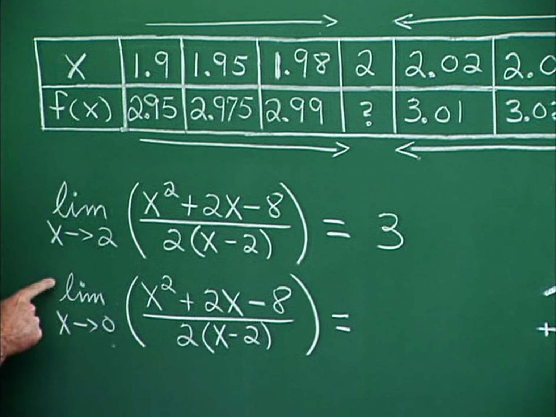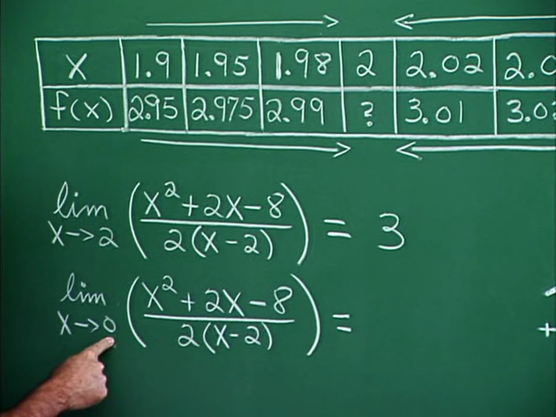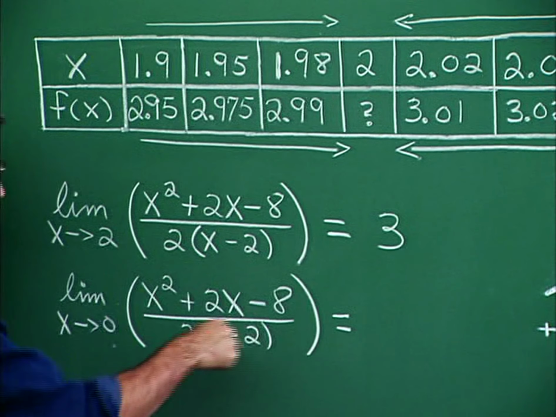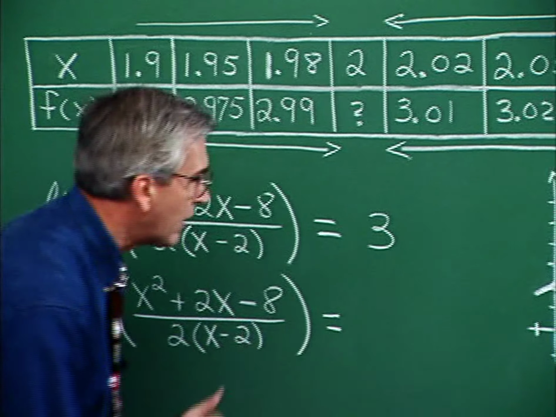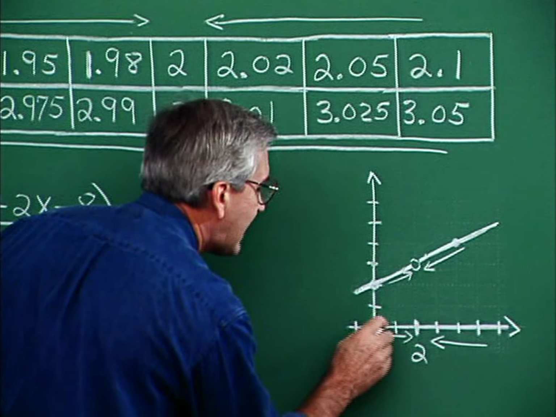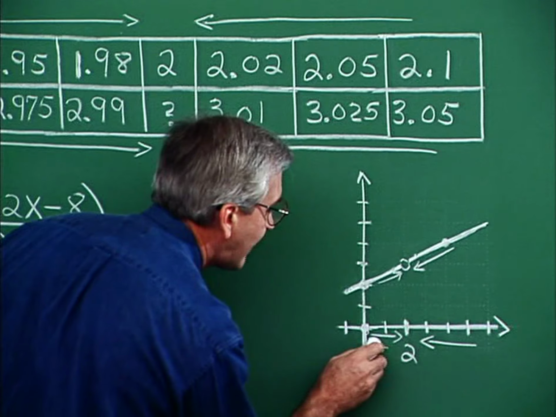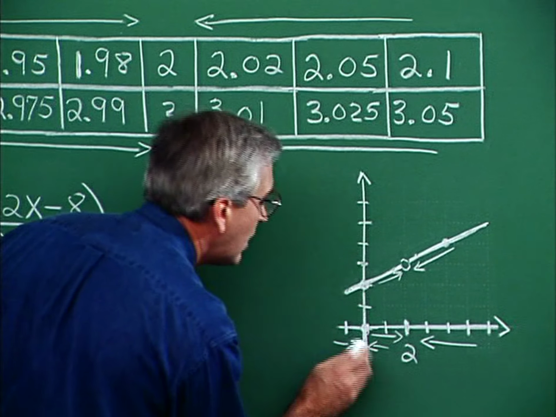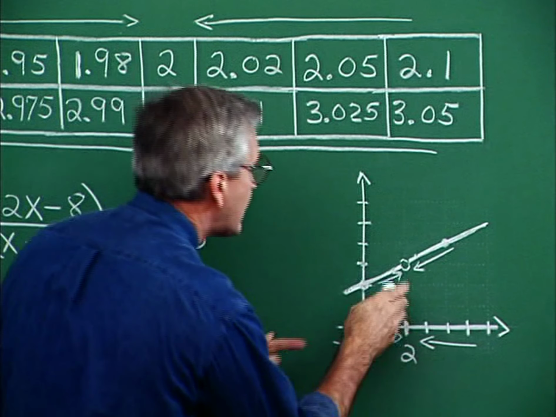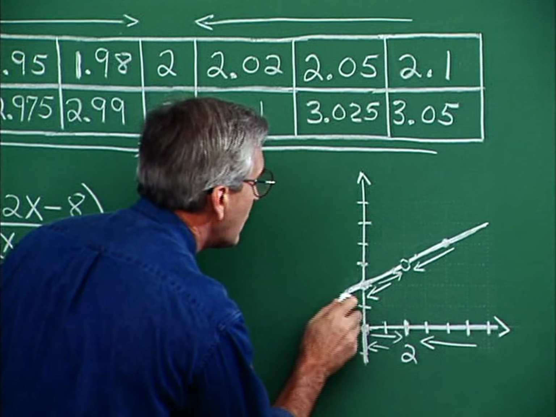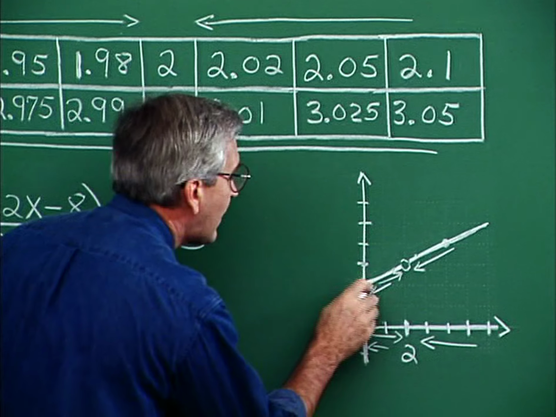But let's find the limit as x approaches 0. As x approaches 0, same function. Let's find out what that is. Come on over here. Here's 0. Now, as x approaches 0, as our value of x gets close to 0 from both sides, what is f of x approaching? You see, f of x is coming close to what value? Well, this value.